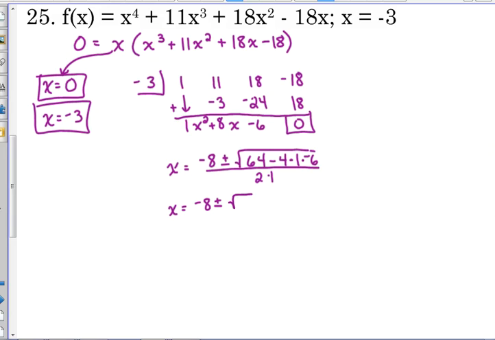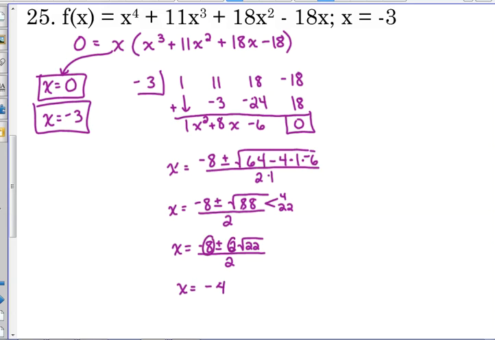This one is not imaginary, it's just irrational. 64 plus 24 is 88. 88 is divisible by 4, 4 times 22. So that's 2 square roots of 22 over 2.